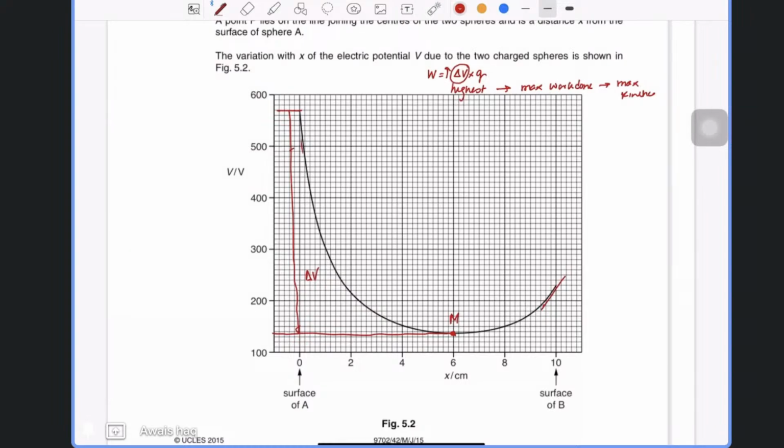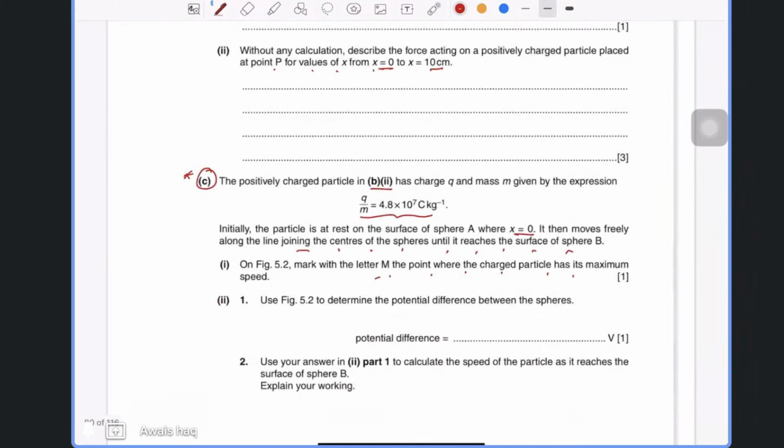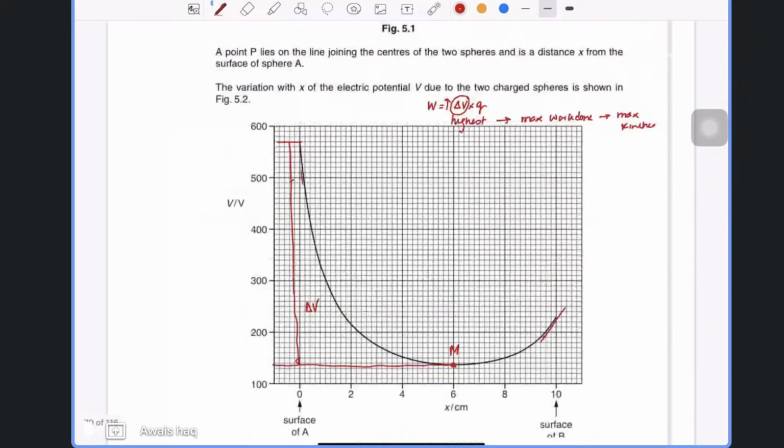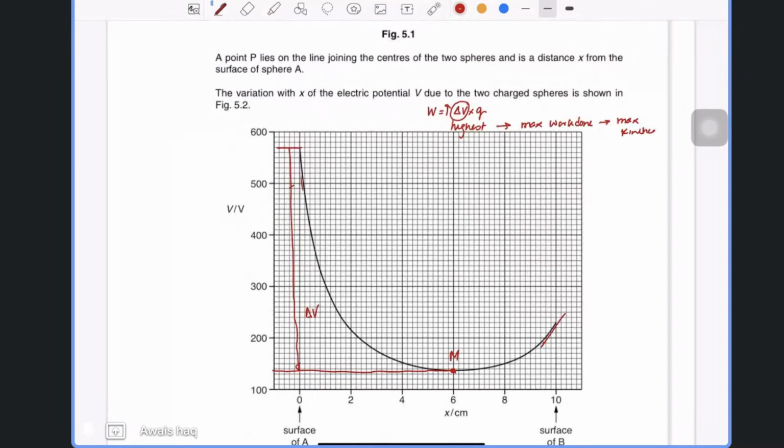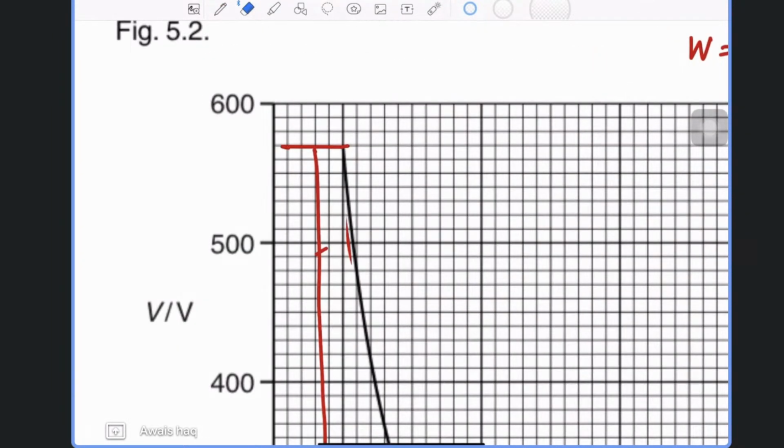All right, then it says use figure 5.2 to determine the potential difference between the spheres. It's pretty easy. You know that this is where it reached the surface, right? So what is this value? Can you please tell me? 570.